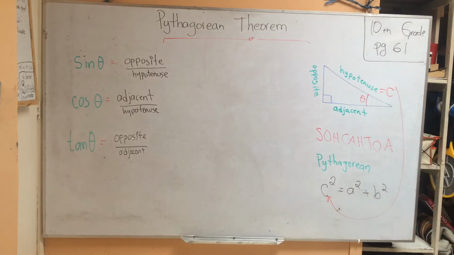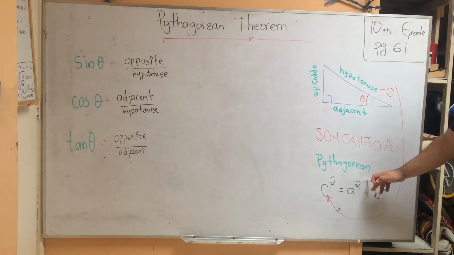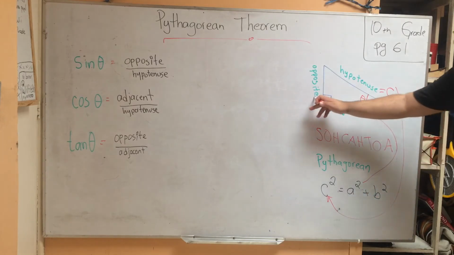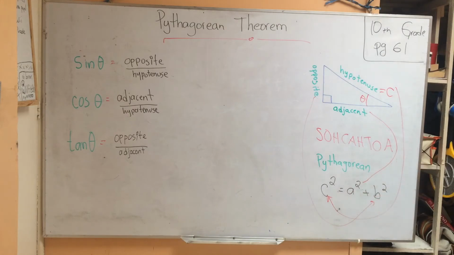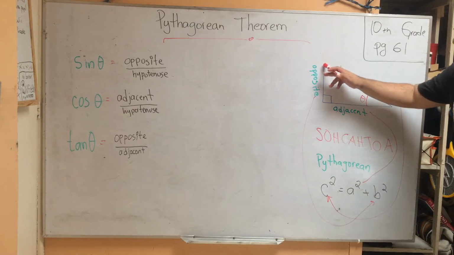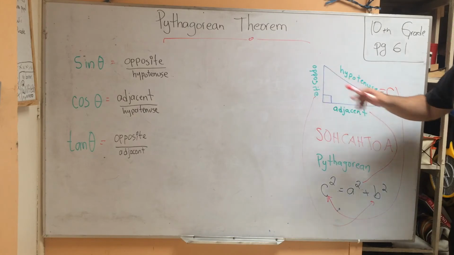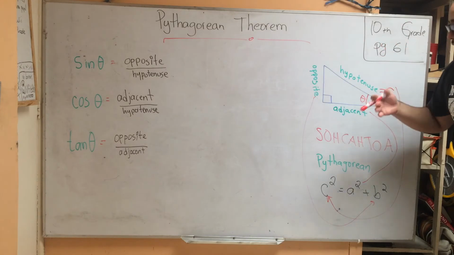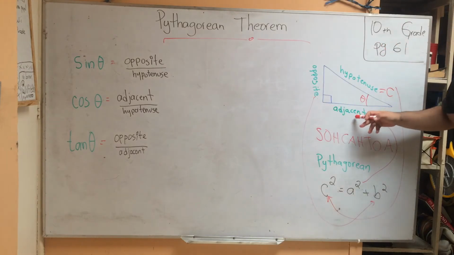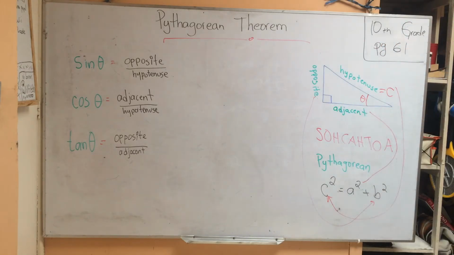And between the other two, since they are added together, we can say that A is adjacent and that the opposite is B. So what we're saying here is that the measurement of the hypotenuse, all of this side, is equal to this side squared plus this side squared. And this is a perfect right triangle.